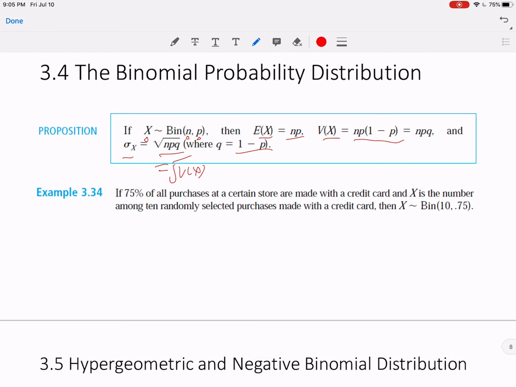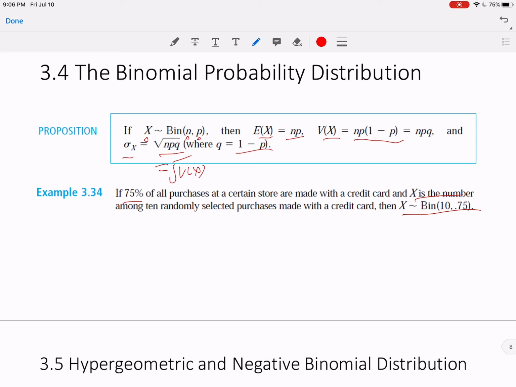Now, let's take a look at this example. So if 75% of all purchases at a certain store are made with a credit card, and X is the number among 10 randomly selected purchases made with a credit card, then in this case, X follows a binomial distribution because there are only 2 possible outcomes. One is the purchase made with a credit card, or the purchase not made with a credit card.